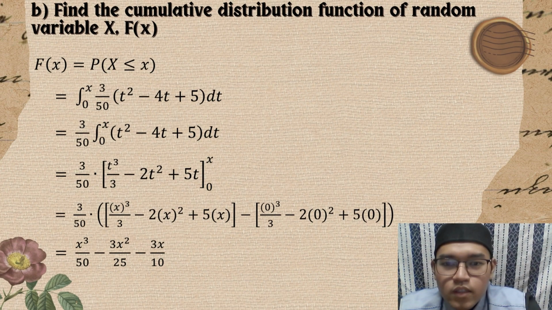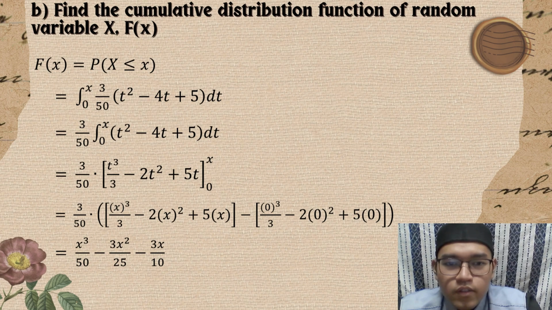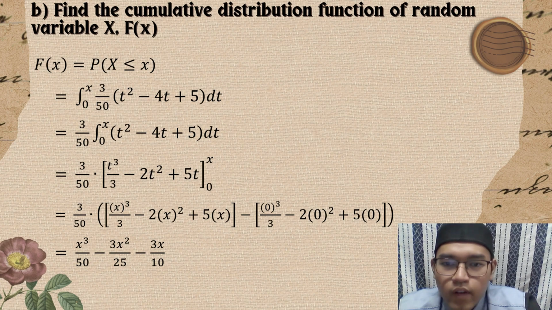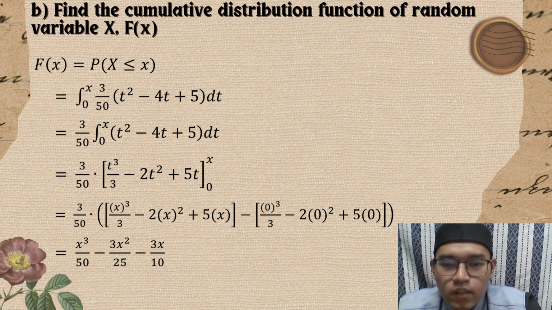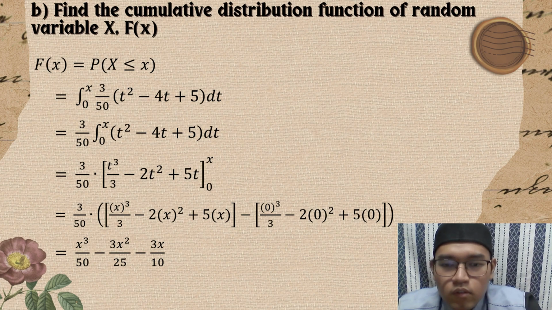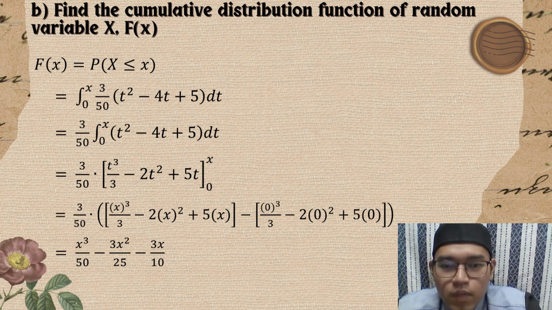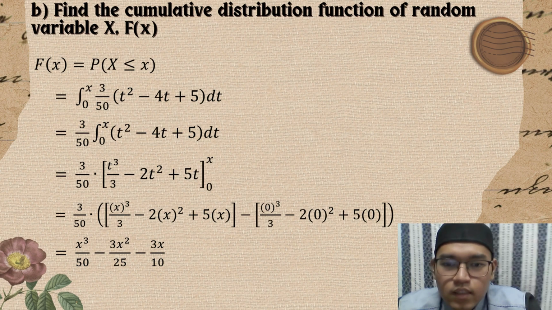The second question is to find the cumulative distribution function of random variable x, which is F(x). To find F(x), we have to find the probability of x less than or equal to small x. To find the probability, we have to integrate 3 over 50 multiplied by t squared minus 4t plus 5 dt, with the range of 0 to x.